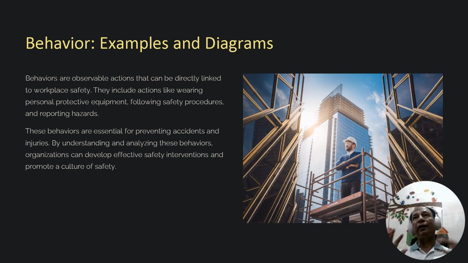For example, if you are a section in-charge going on a tour, round or inspection, and you find that the worker on the drilling machine is not wearing glasses, but the moment he sees you, he immediately puts on his glasses, that is also at-risk behavior. And you have to identify such behaviors to improve the employees.